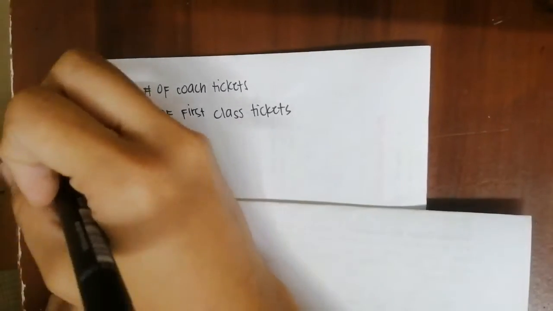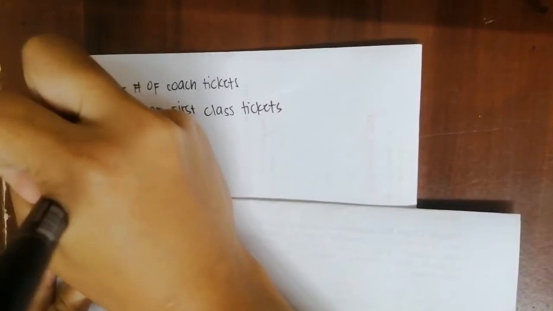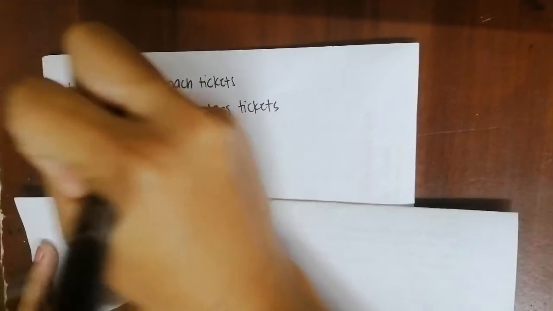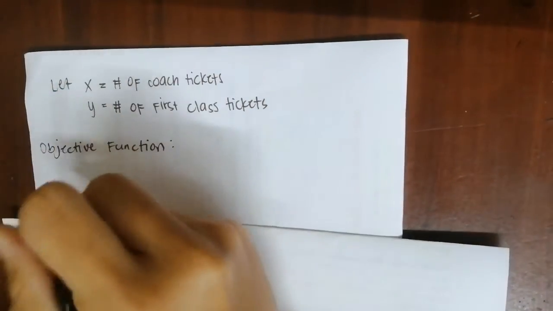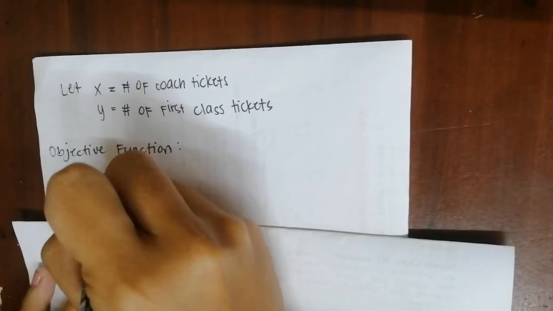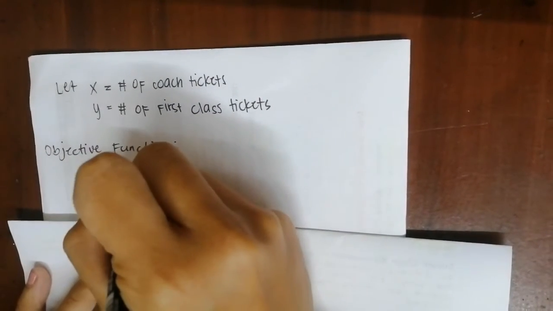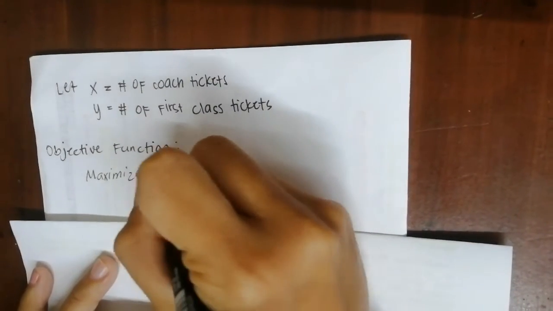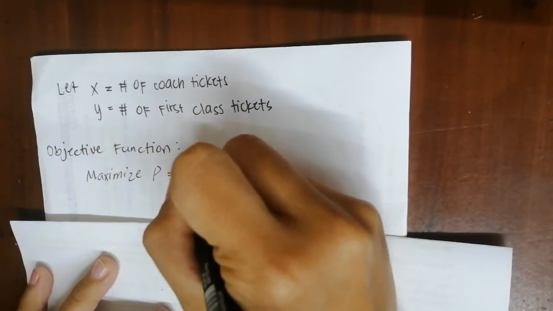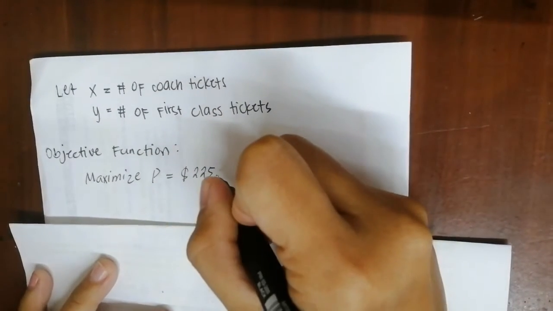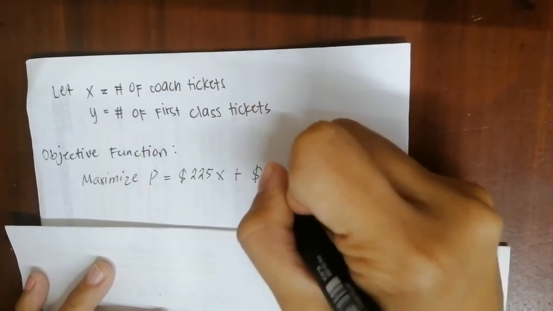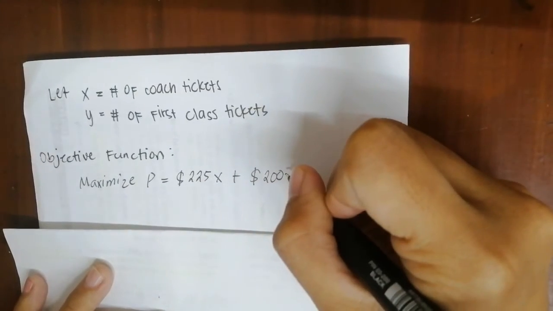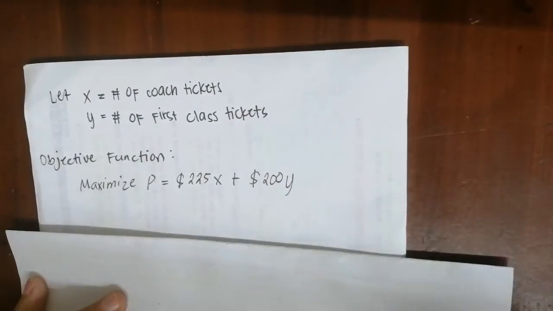So, objective function: maximize profit, $225 for coach tickets plus $200 for first class tickets.